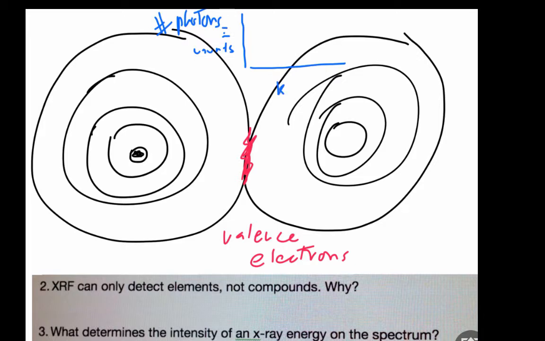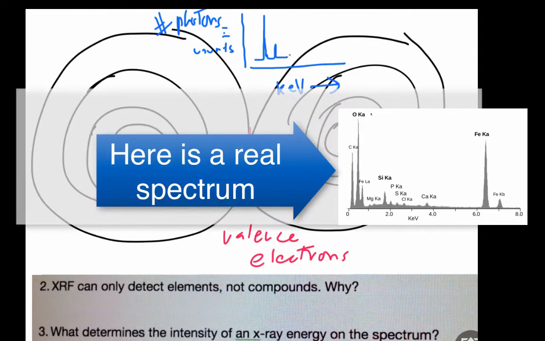And here's the energy axis, keV. An energy dispersive X-ray spectrum, for example, might look like this, where you have different emissions, and those emissions have different ratios of intensities like this. What that means is that there are a whole bunch more photons that have this energy than have this energy. So the intensity is really typically the number of photons that have that energy.